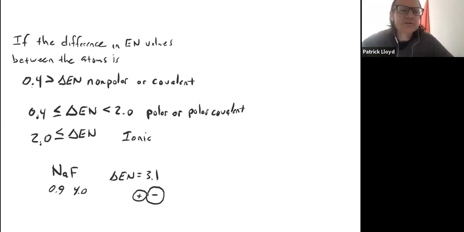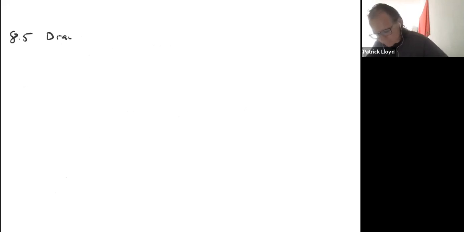So let's do this. The next issue is section 8.5, which is called drawing Lewis structures. Okay, so we're going to go through drawing Lewis structures.